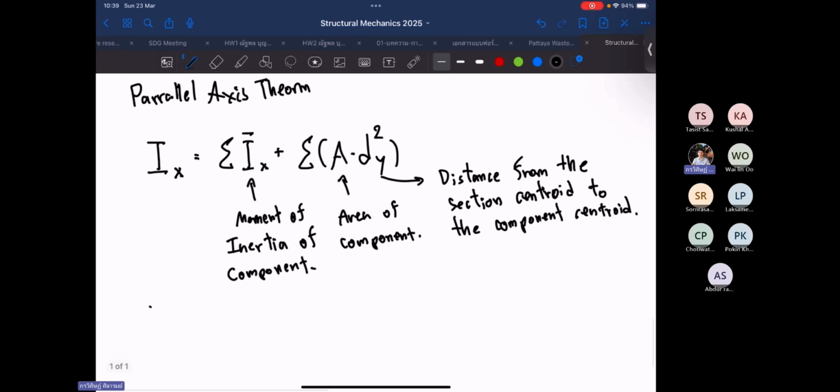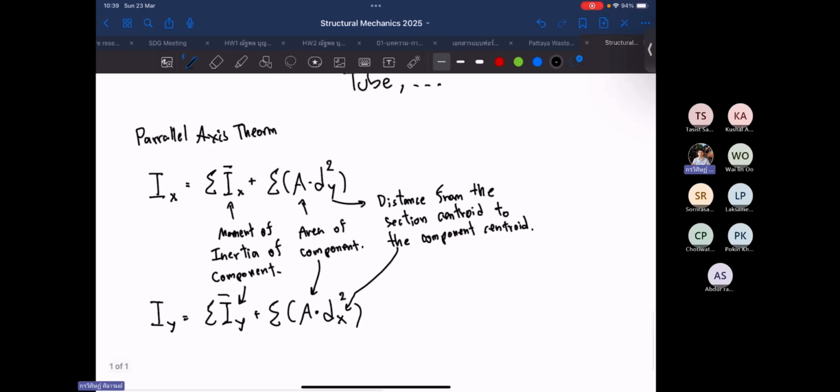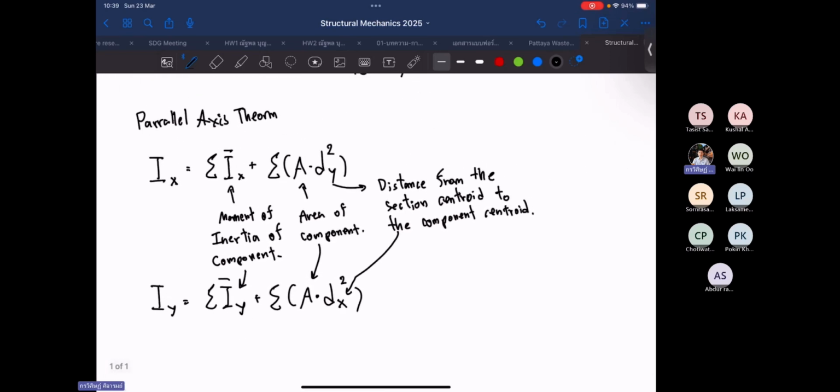For the y-axis, we swap. So it is the summation of the small moments of inertia in the y direction plus the summation of sectional area multiplied by dx square. The parameters are the same, we just swap the axis.